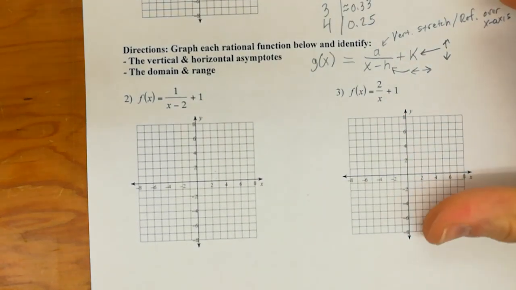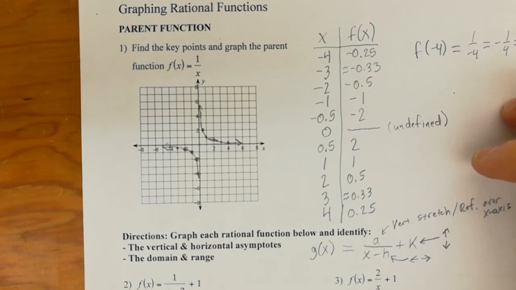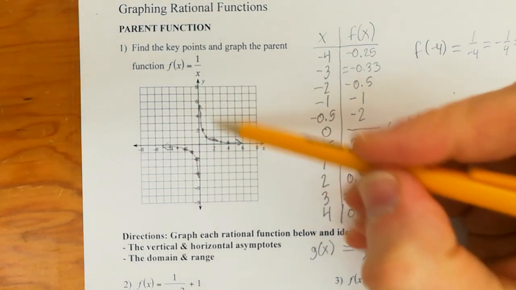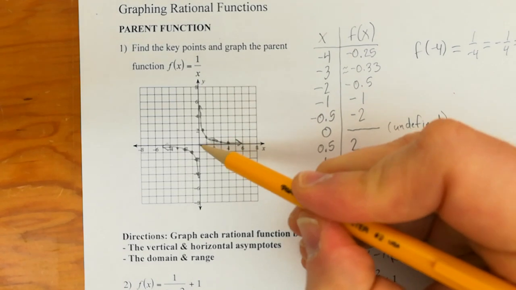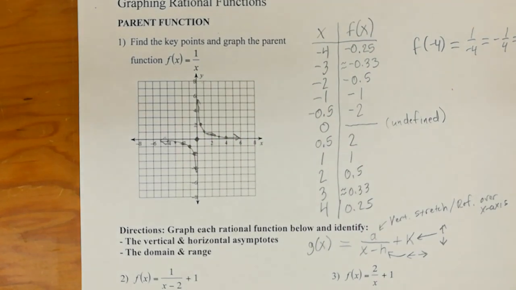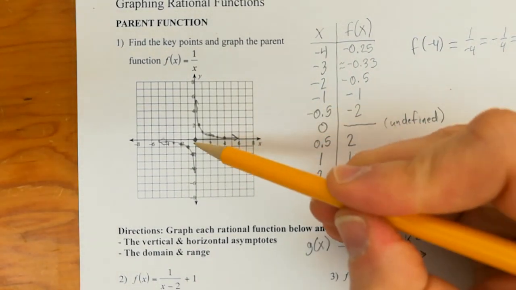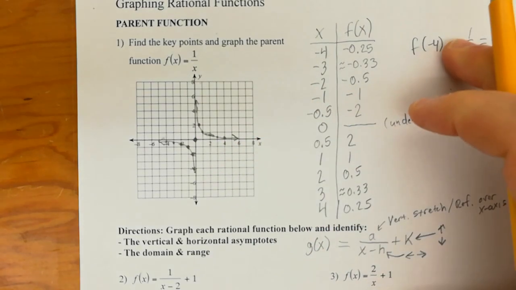Now, usually when we use transformations to graph something, we need a central point. Well, you might wonder, what is the central point here on this graph? Well, we're actually going to use the origin, even though that's not on the graph, but we're going to use that as a reference point, or this anchor point that we'll get all of our other points from. So I'm going to use 0, 0.